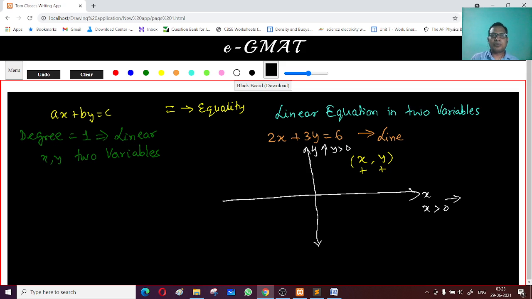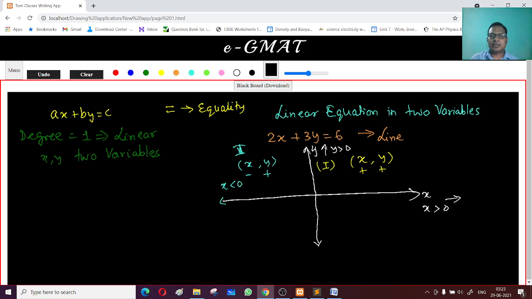Now if you plot x comma y over here, x is decreasing on this side, it is less than 0, so here it is negative and here it is positive. Let me call this the first quadrant and this the second. In the second quadrant, x is negative and y is positive.